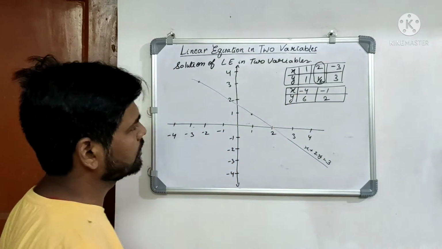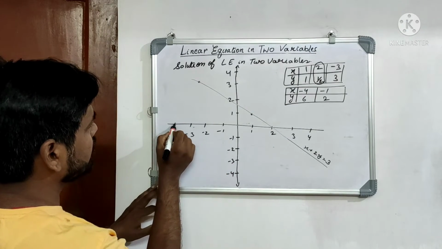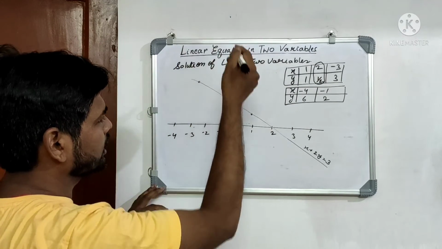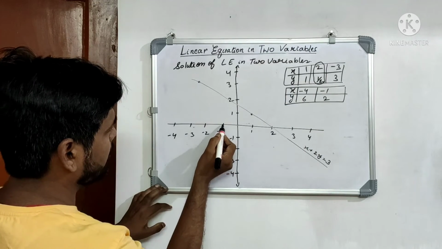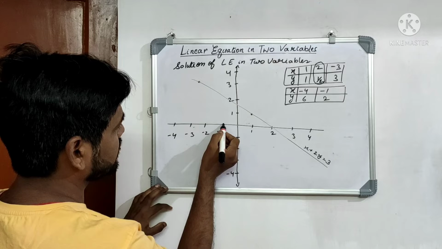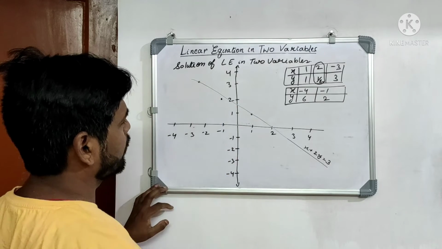Now for the other one, where -4 and 6, and for x equal to -1 we have y value equal to 2. So this is the point.